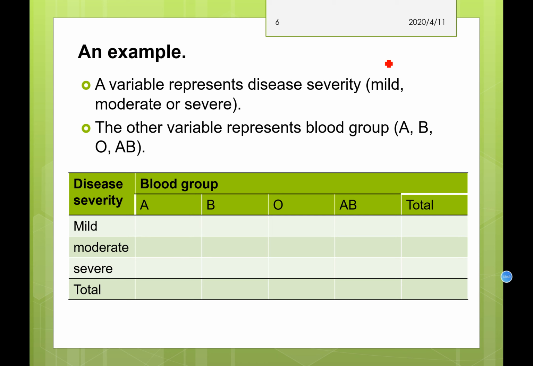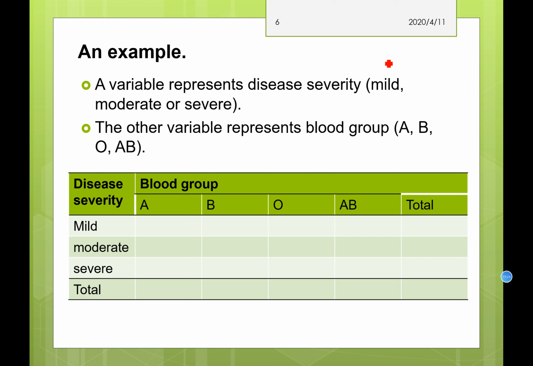Okay, so here let's take an example. If there is one factor which represents disease severity, and another factor represents blood group, and in blood group we have 4 levels, that is type A, B, O, and AB.